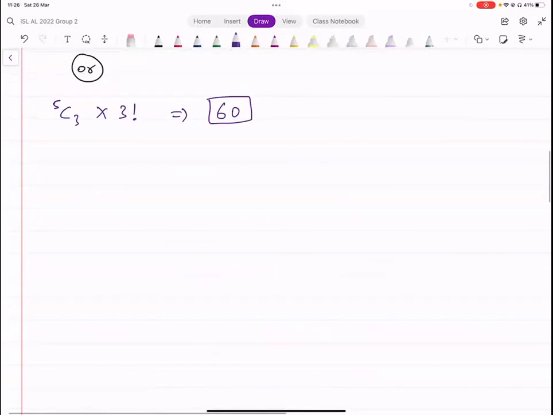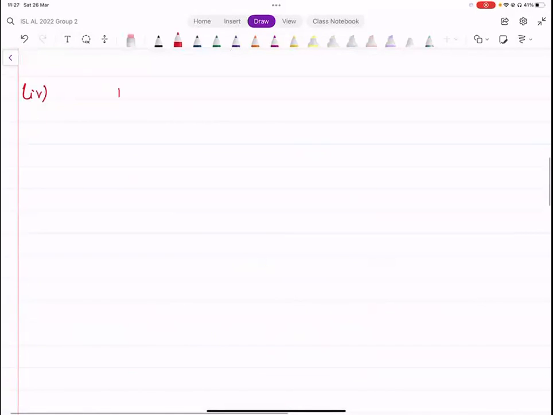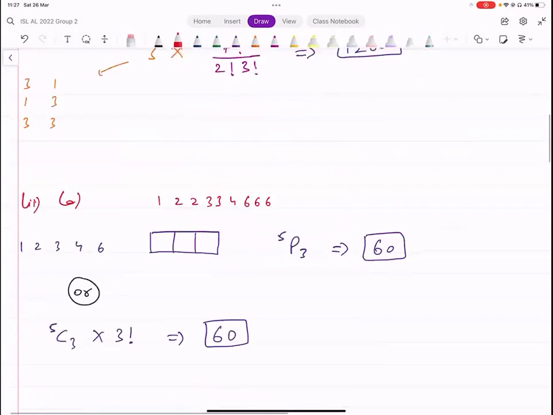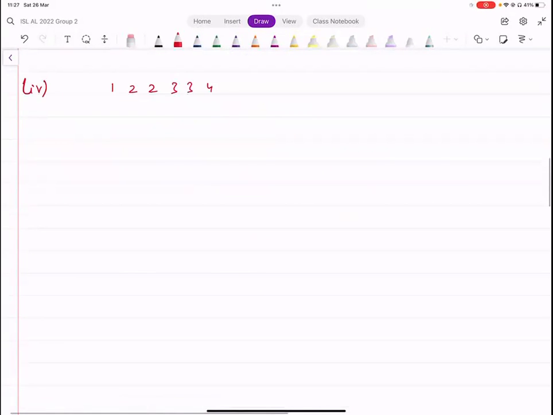Okay. Now let's list down those digits again. We've got 1, 2, 2, 3, 3, 4, 6, 6 and 6. ठीक है, ये हमारे पास 9 different digits available हैं.